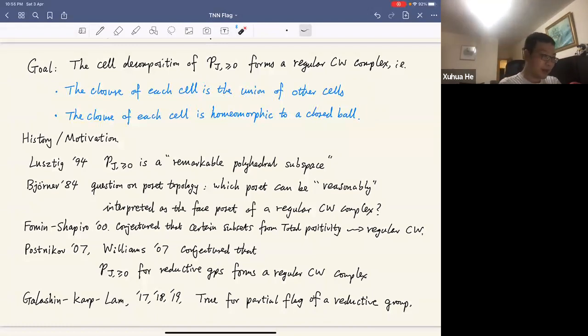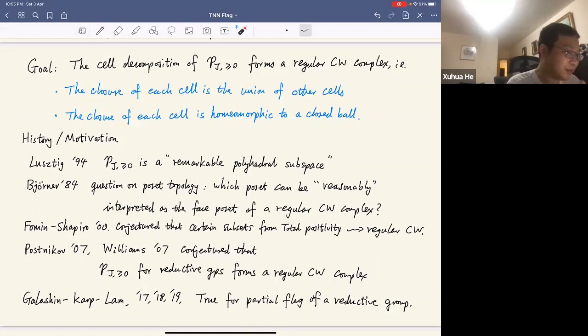Let me mention a bit about the history and motivations, that is, why we are interested in understanding such properties of the totally non-negative flag variety. We can think about this either from Lie theory or from poset topology.